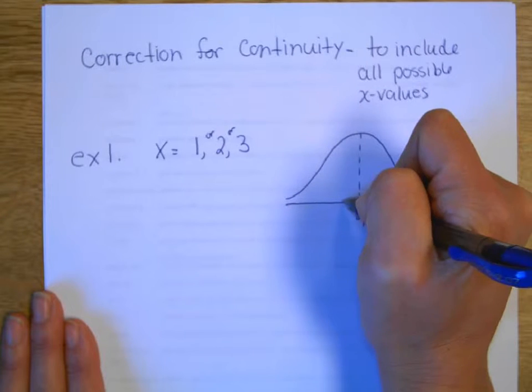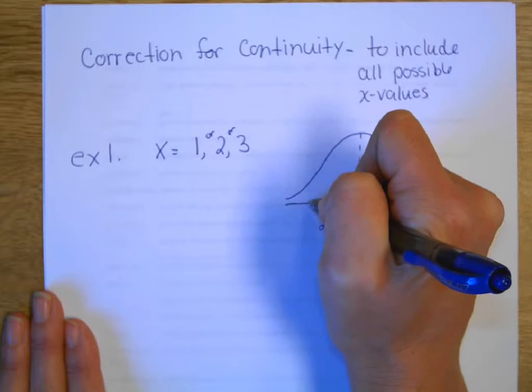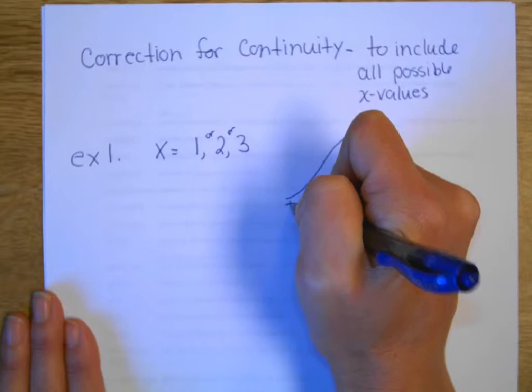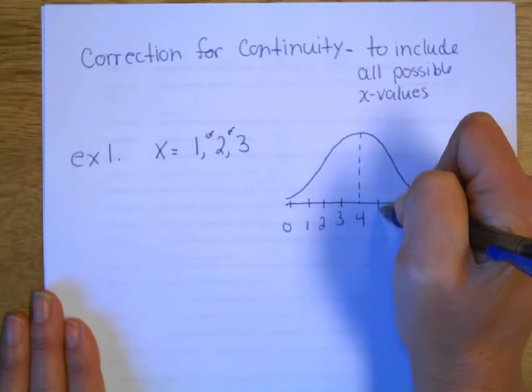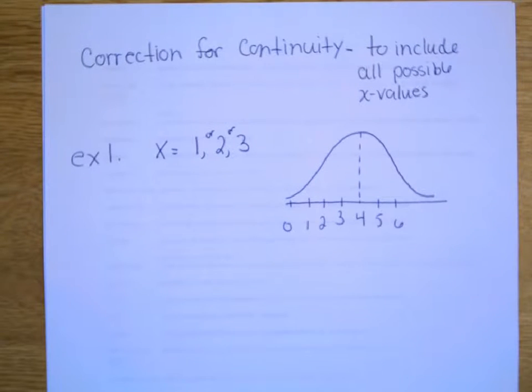The mean is 4. Let's put 3 here, 2 here, 1 here, 0 here. And you could have 5, 6. Those are not the standard deviations, and we don't even care about the standard deviations yet. So that's just a number line.